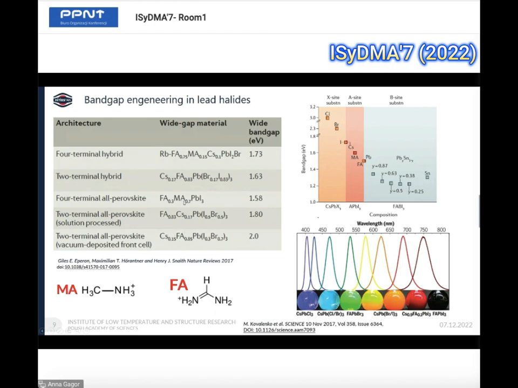The first one is methylamine, and the second one is formamidine, the cation formamidinium. Only these two molecules are able to enter the perovskite cavity, which is present in lead iodides.